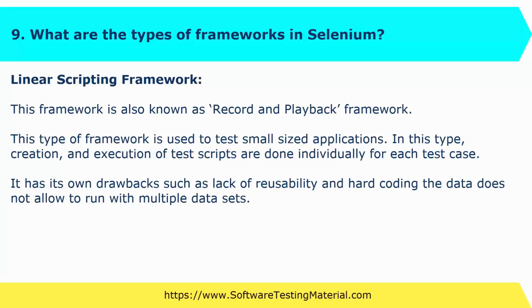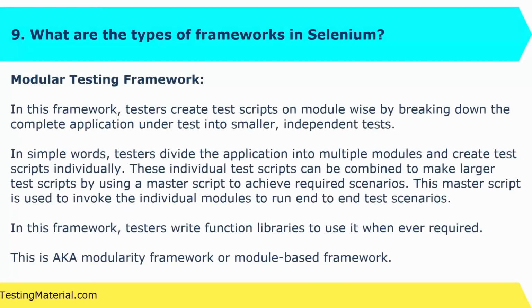In this type, creation and execution of test script are done individually for each test case. Using this framework, we could generate test scripts without planning much or consuming much time. But it has its own drawbacks, such as lack of reusability, and hardcoding the data does not allow running with multiple datasets.